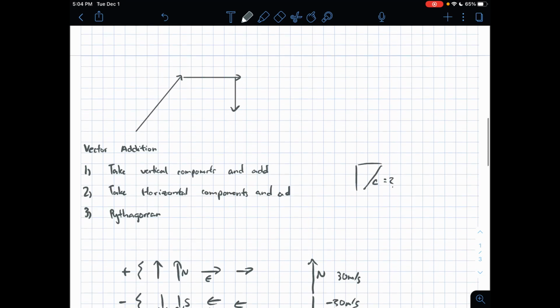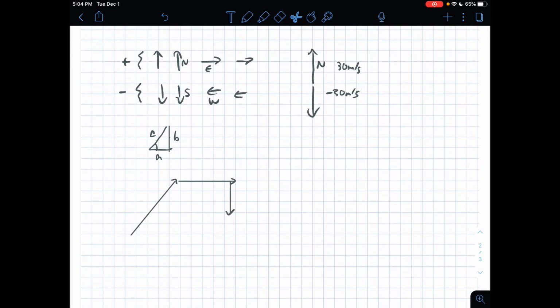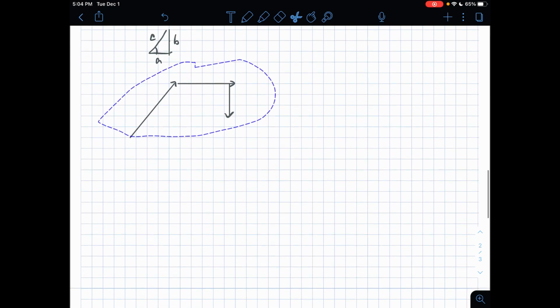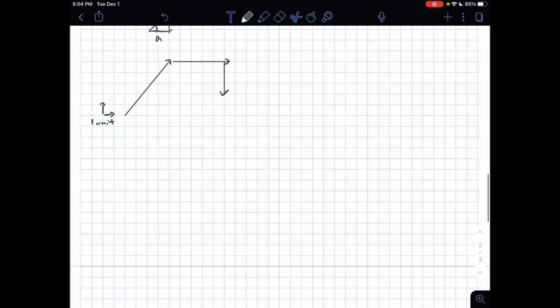So let's solve this one here. Assuming that each block is 1 unit, we can calculate the horizontal and vertical components. Vertical component first.